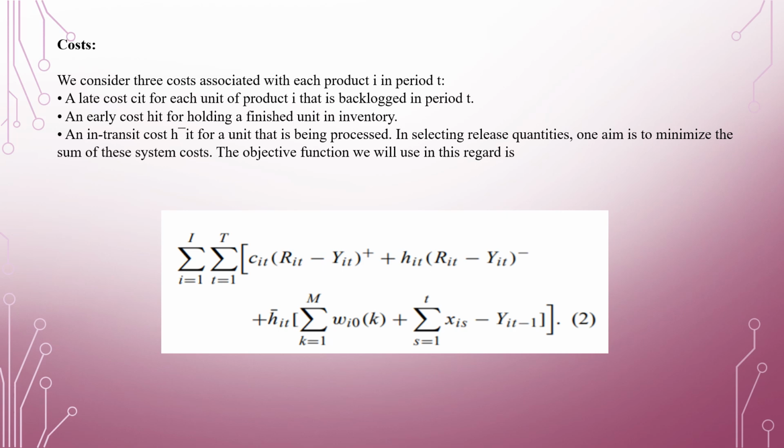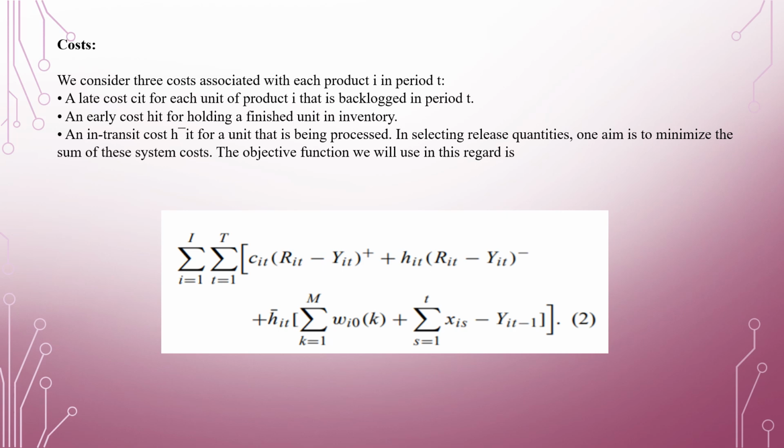The first line is an approximation for the expected early cost, which is c_iT E[R_iT minus Y_iT] plus h_iT E[R_iT minus Y_iT], where Y_iT is the random cumulative output of product i up to period T. The first line is a linear function of the input quantities, but the expected late plus early cost is a nonlinear function of the inputs.